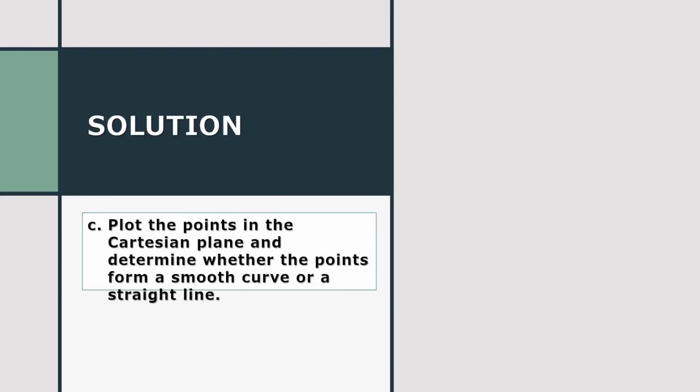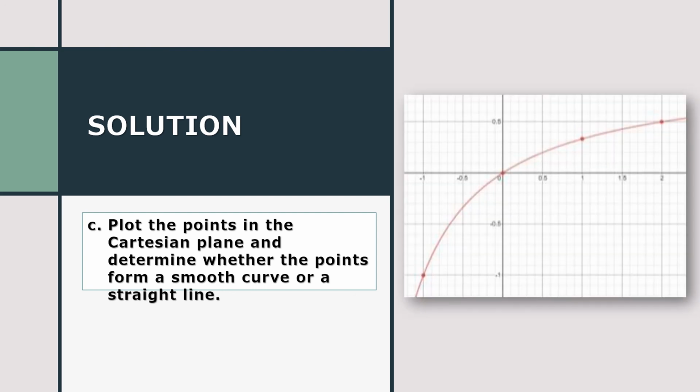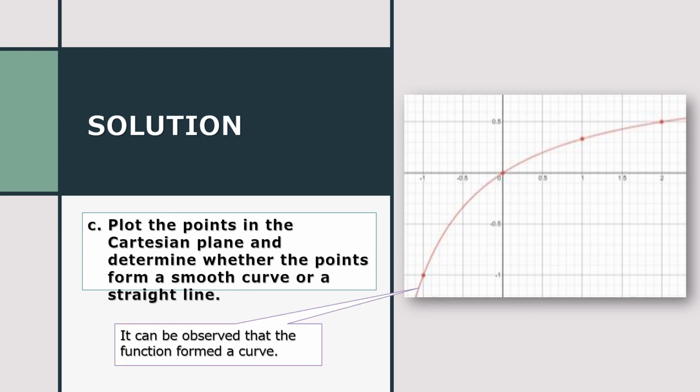Next is to plot the points in the Cartesian plane and determine whether the points form a smooth curve or a straight line. Using GeoGebra, we come up with this graph. As you can observe, it is a curve in increasing form. So it is observed that the function formed a curve.